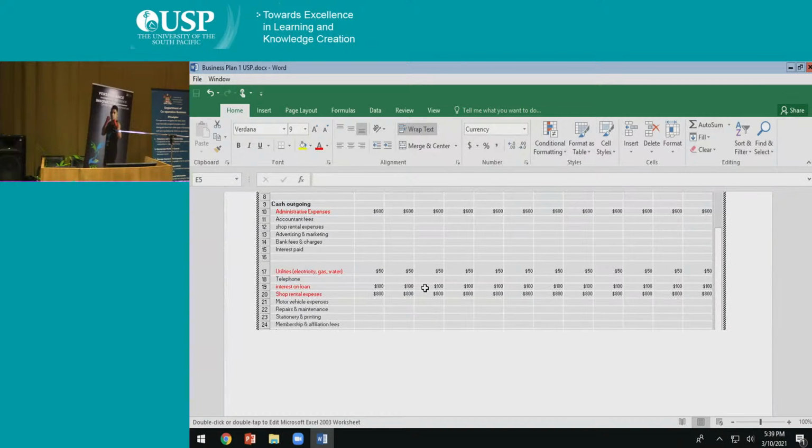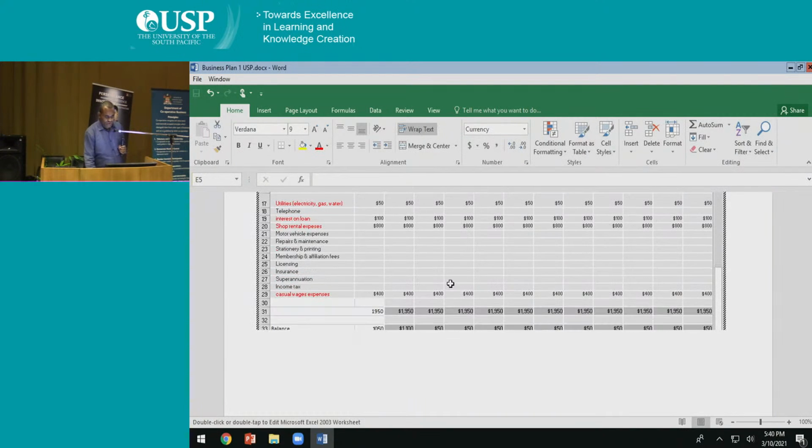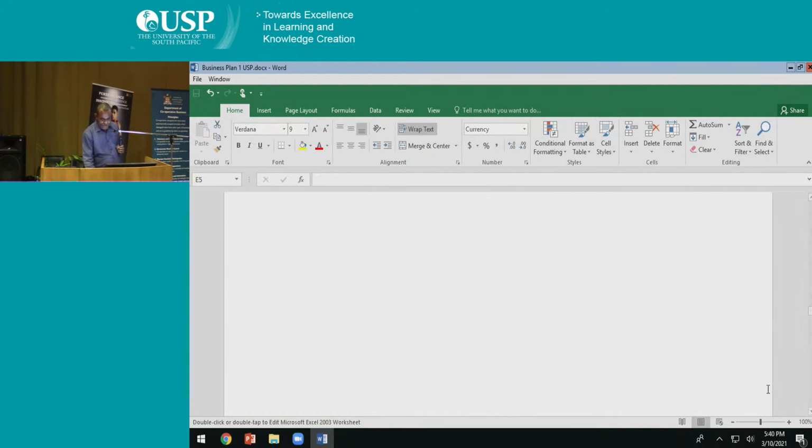How about if you don't refill the water? It's just similar to this cash flow. Okay? Right. Set? Good. Okay, we'll move on to profit and loss.